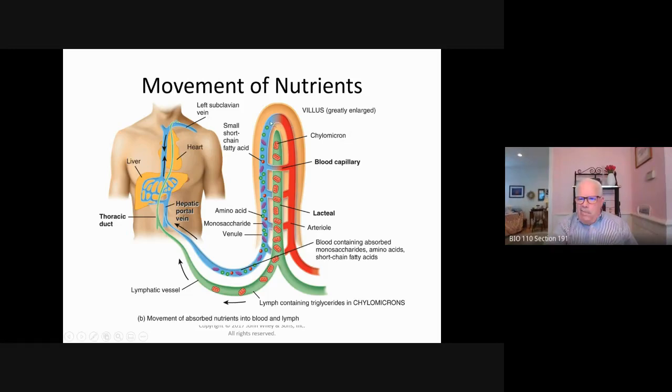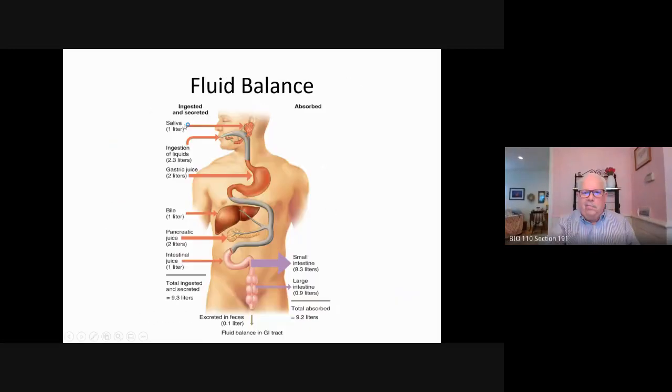This goes into the lymphatic system and goes into the subclavian vein, into the bloodstream. So as you learn from the lymphatic system, fat cannot go directly into the bloodstream. It has to be attached to protein, making a lipoprotein, and then into the lymphatic system, and then into the bloodstream at the subclavian vein. Okay?